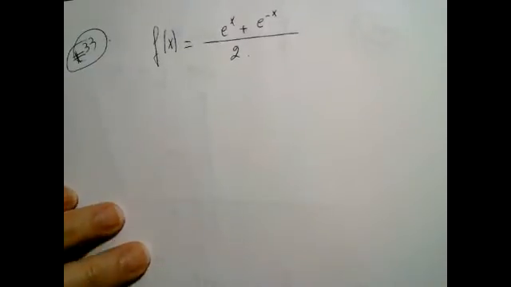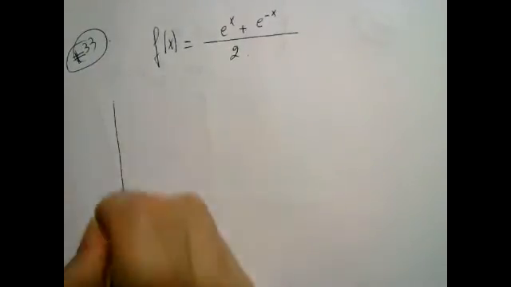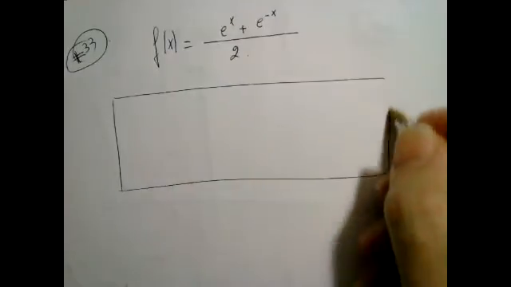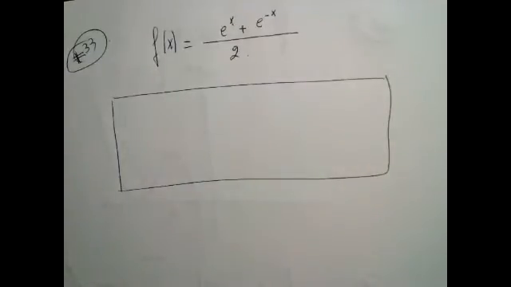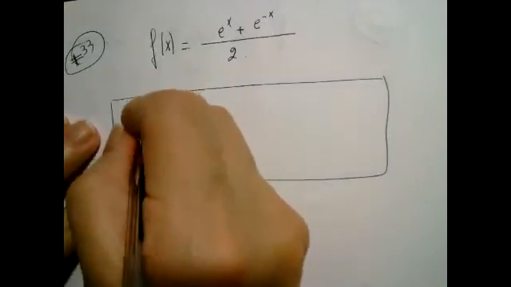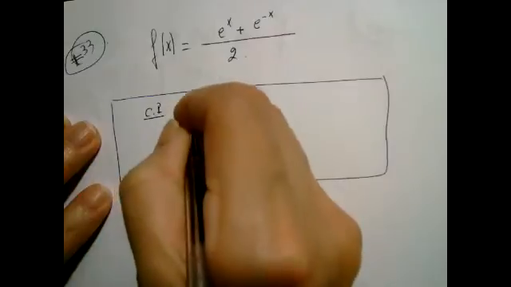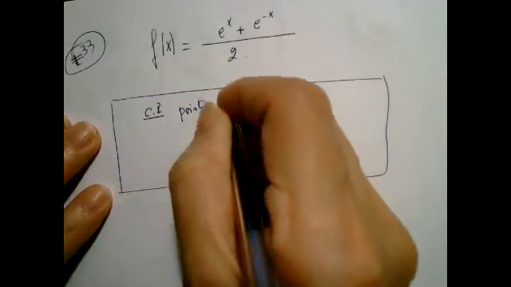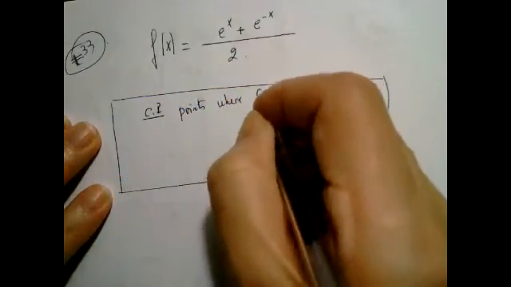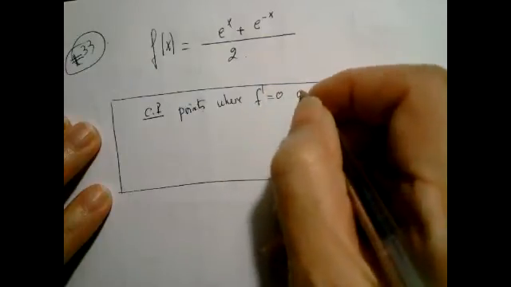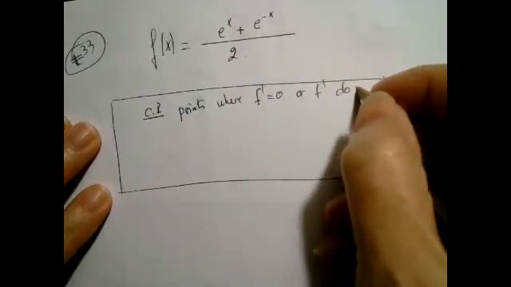Okay, so we need to find the critical point. So let us recall critical point. Since we're going to hear this word from now to the end of the semester, critical points are the points where the derivative is 0 or the derivative does not exist.